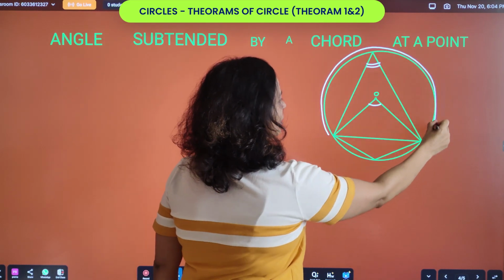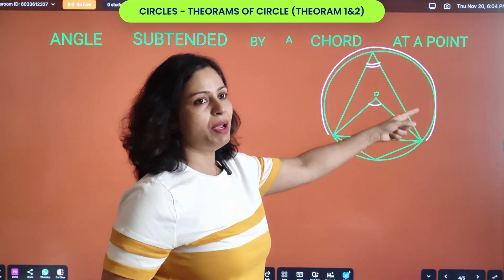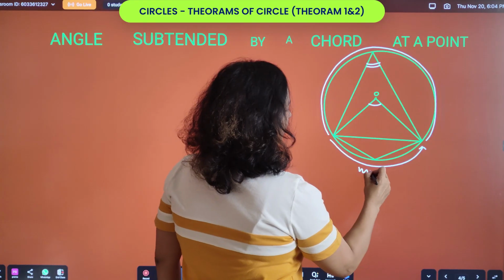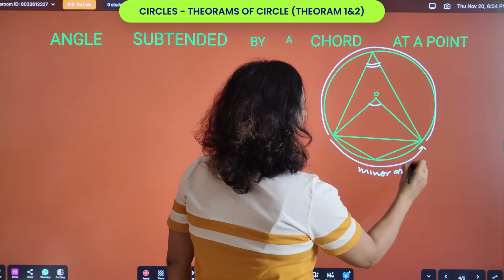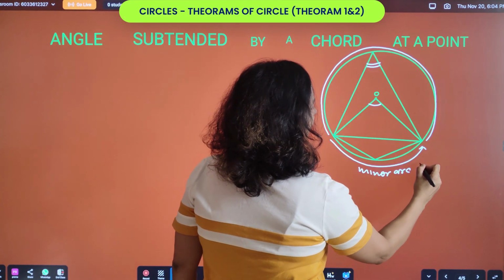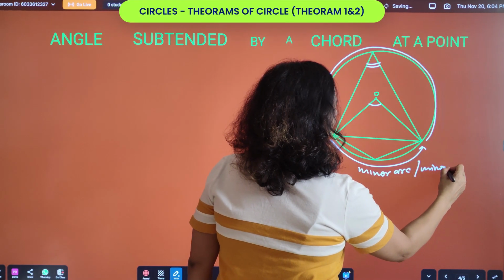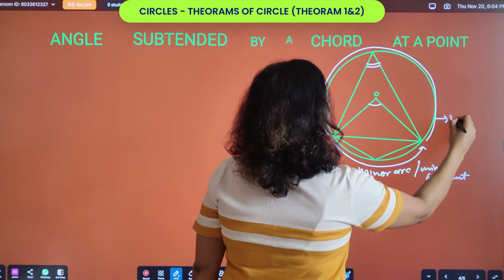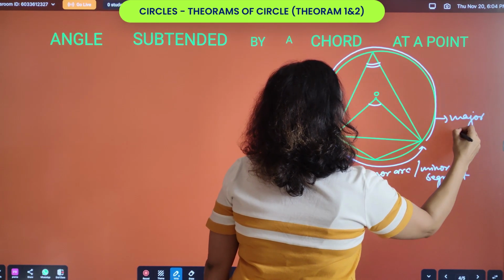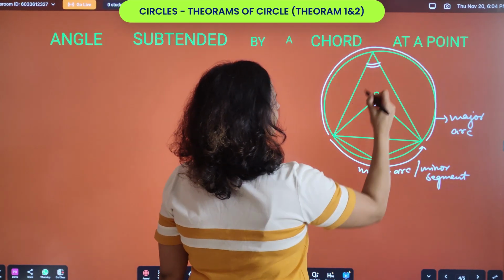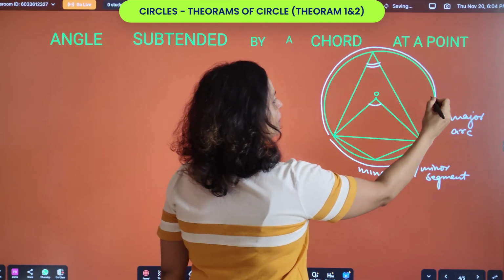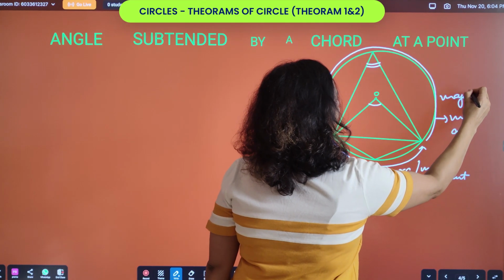If you see my previous video, you will come to know this is the major arc, and this is the minor arc. This segment is the minor segment. This is the major arc, and the chord is dividing this big segment, which is called the major segment.